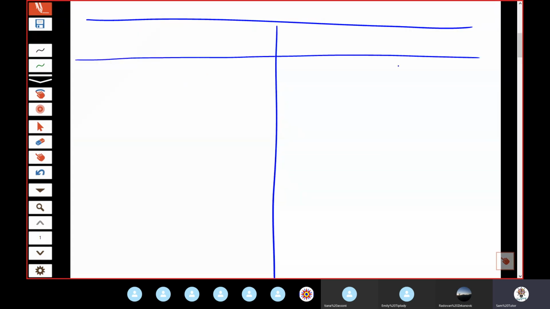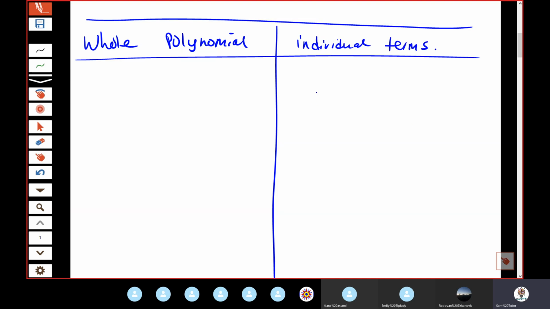So to sketch these graphs, there's 2 components you're looking at. You're looking at the whole polynomial, or the whole graph, and you're looking at individual terms. Individual terms, so that means if they are powers of 1s, x plus 1, 3 plus x, 2 minus x, powers of 1s, they cut through the intercept.